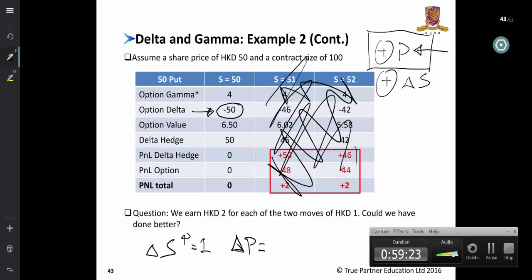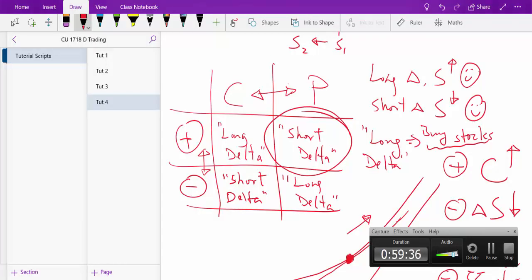And another way to explain why you're not happy is that when you are long a put, you are short delta. I already told you, when you are short delta, when the market goes down, you're happy. When the market goes up, you're not really so happy.